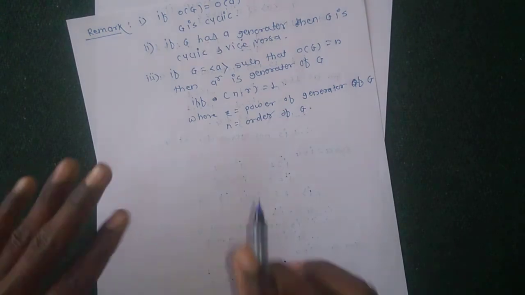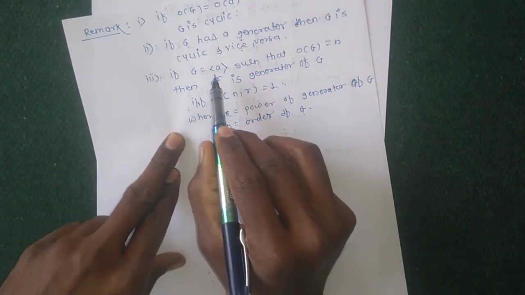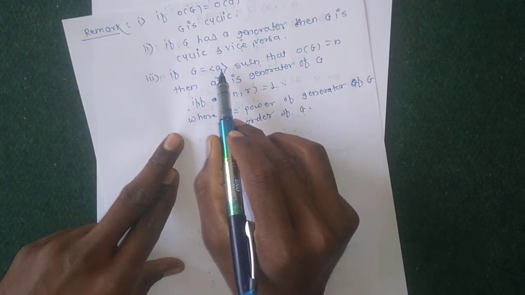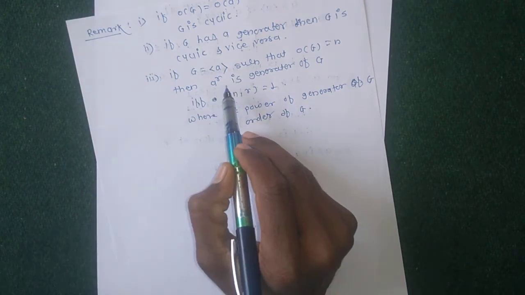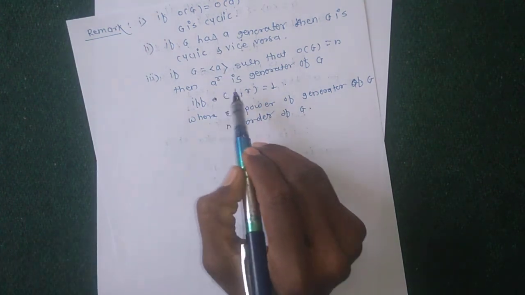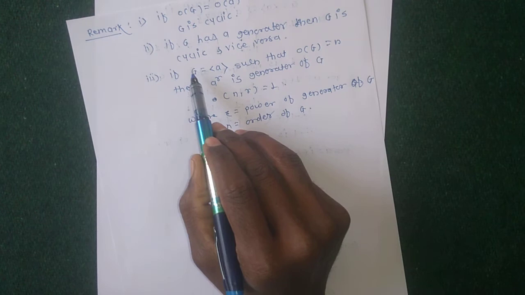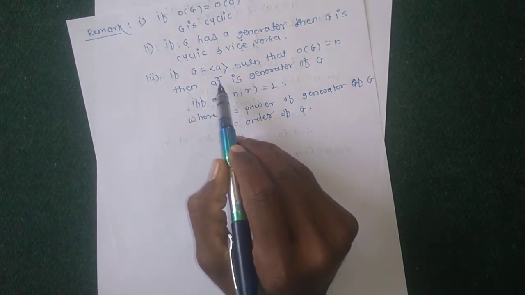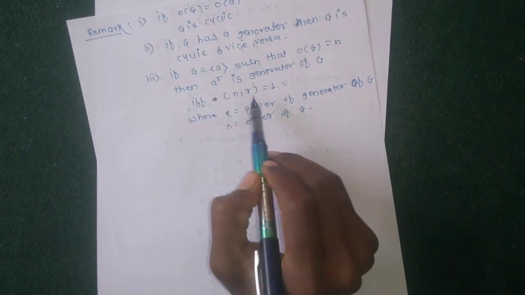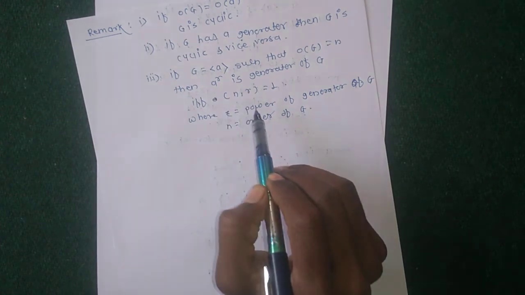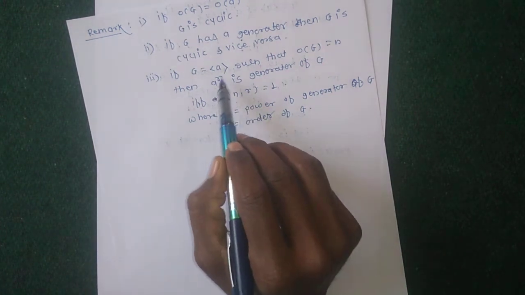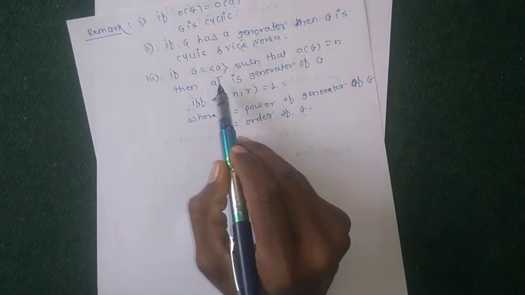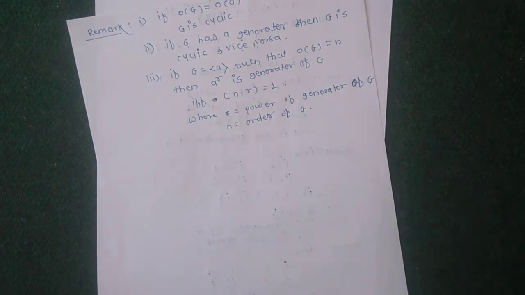If G is generated by A, then A raised to R is a generator of G if and only if the order of G and R are relatively prime to each other. That means the GCD of n and R is 1.